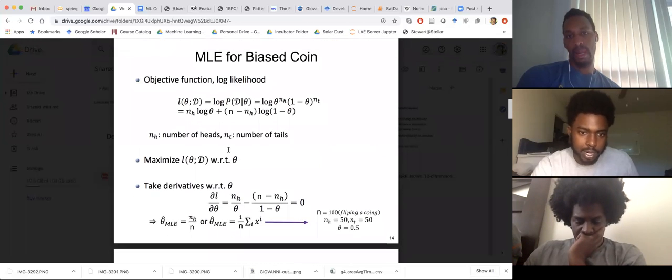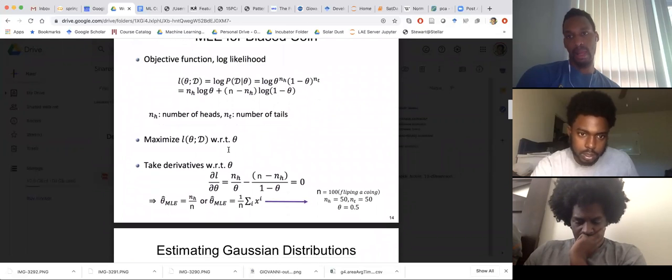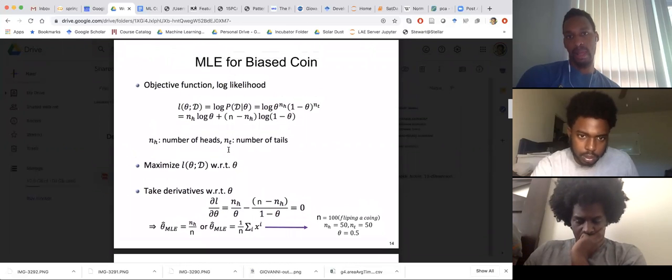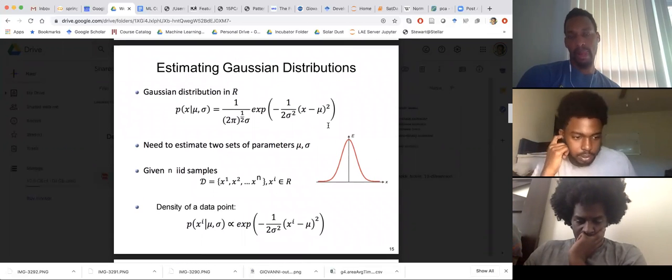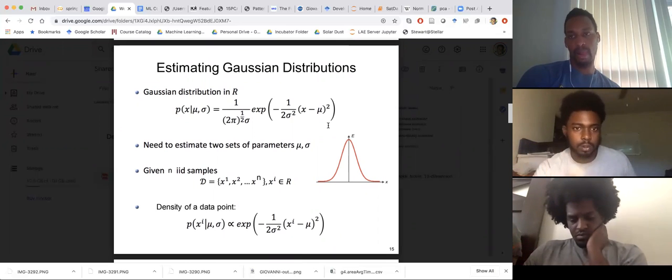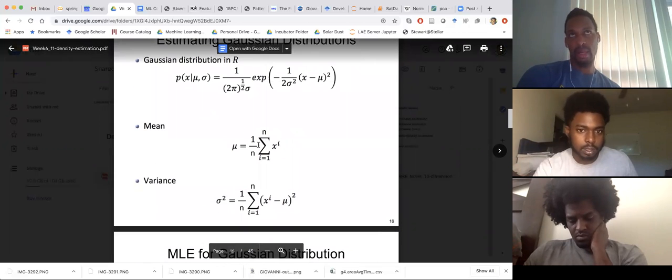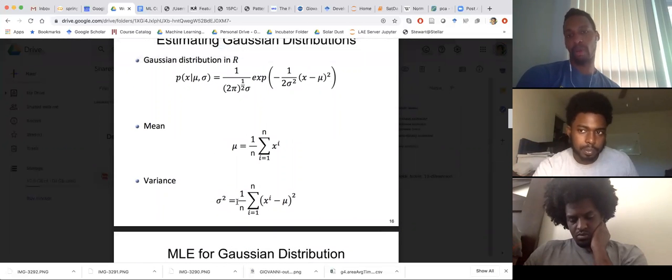You had to derive your equation in order to determine the parameter of your model. Here, if you're doing a Gaussian distribution, it's actually pretty straightforward. If you want to determine the parameters of your model, you find the mean and the standard deviation, the mean and the variance. Those are the parameters, right? Yes. I don't understand the difference that you're drawing between the two. It's the same thing. It's just different distributions, right?